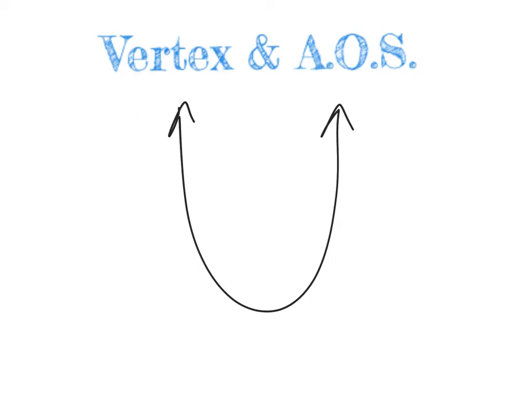The vertex will always be that center point of the parabola, down here. This is the vertex of the parabola. Usually this point will be known as (h, k), where h represents the x value and k represents the y value of that ordered pair.